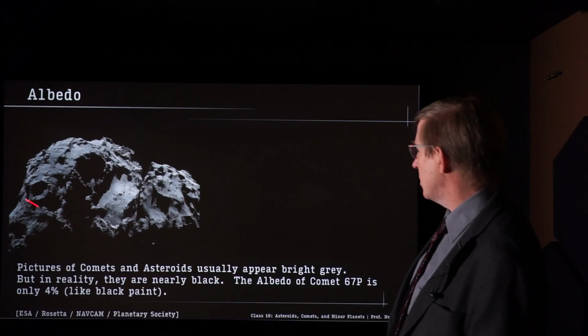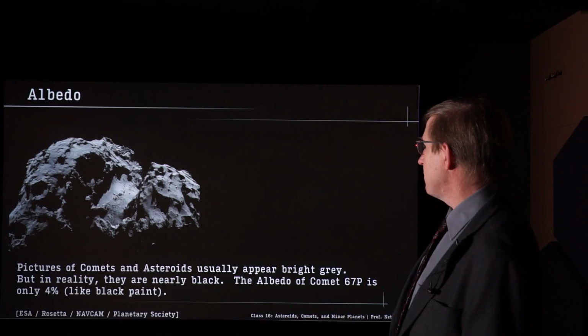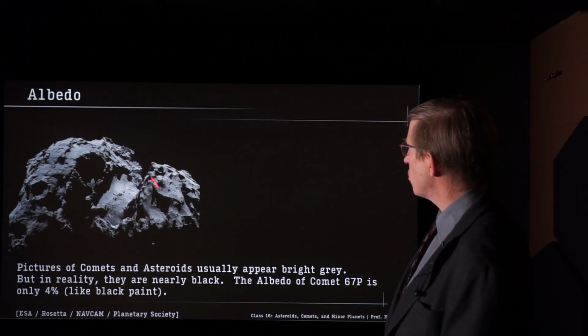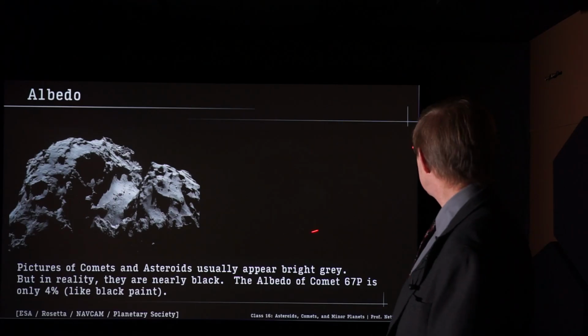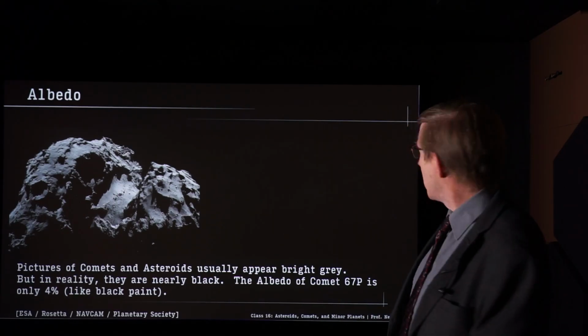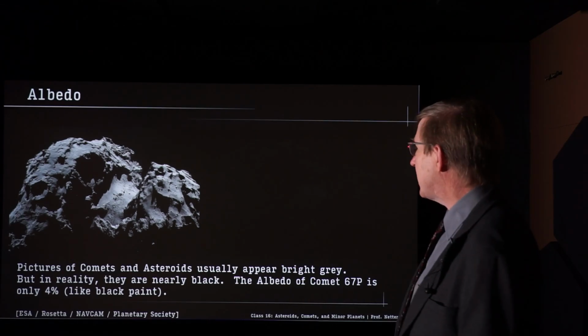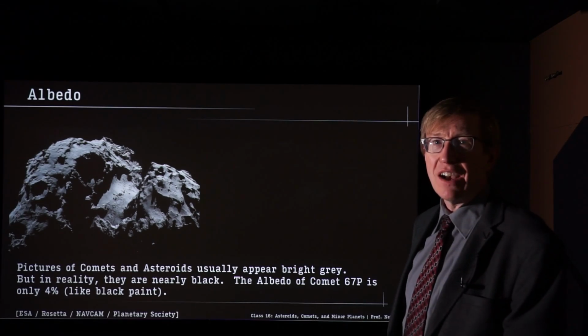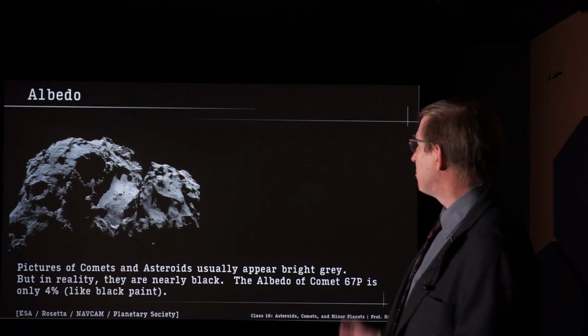Here is a picture, for example, of Comet 67P. This is the picture that you normally see. This is the picture of it as it would actually be. And I bet you can't even see it. That's because comets are actually almost perfectly black.